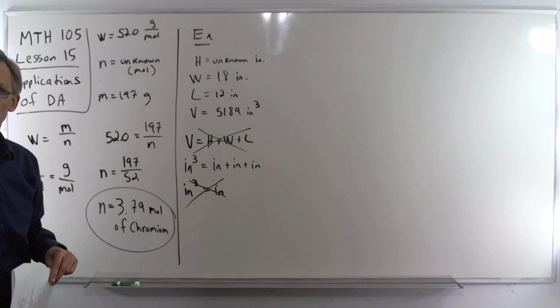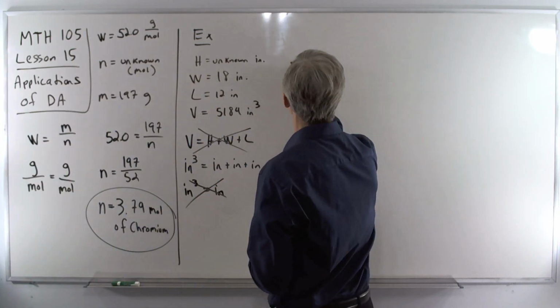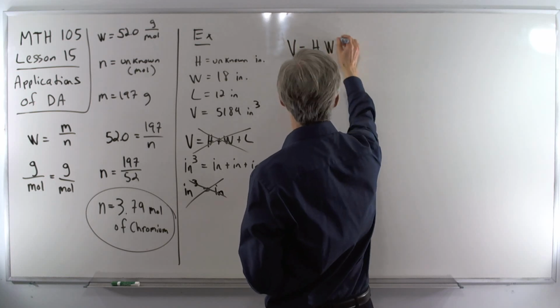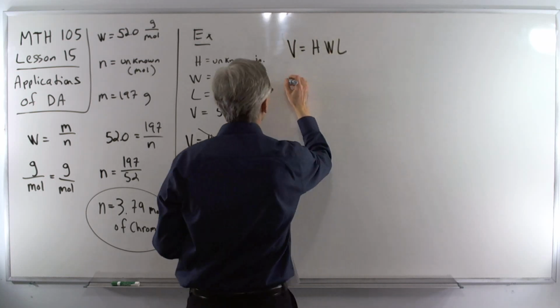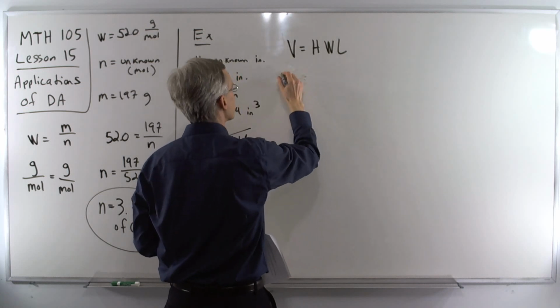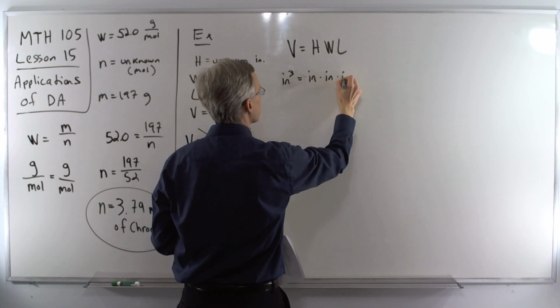Well, let's try a different operation then. Let's try multiplication. So V equals H, W, L. Units now: inches to the third equals inches times inches times inches.